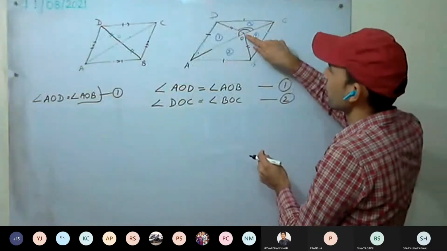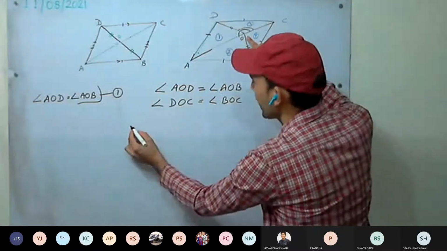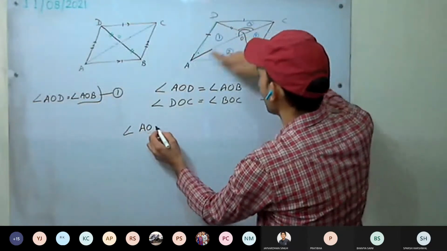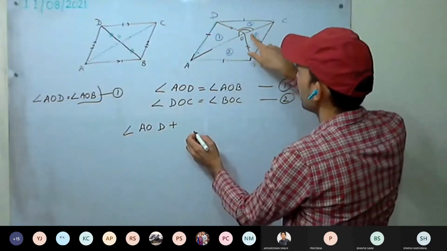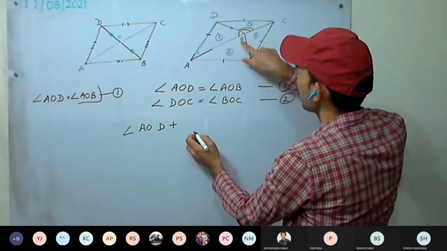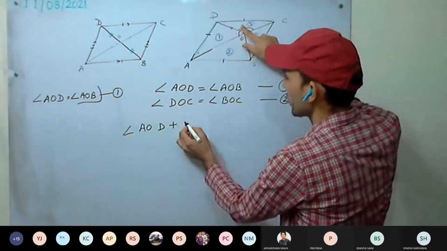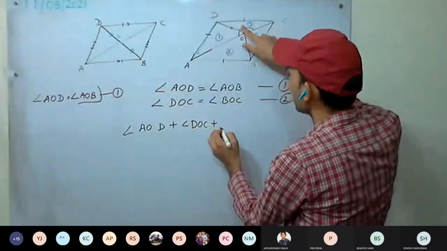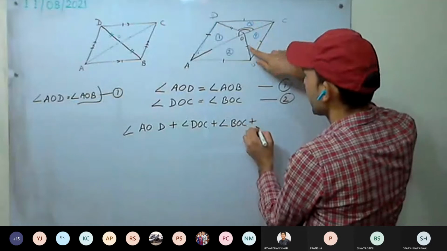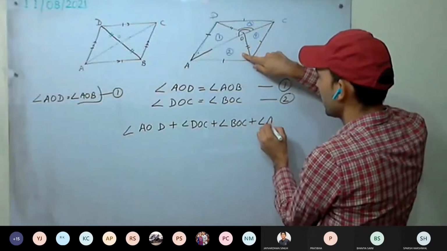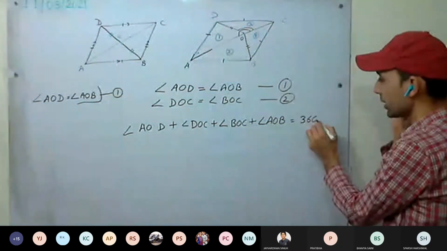Next, we can write the angles around a point O. It will be 360. So we can write: angle AOD plus angle DOC plus angle BOC plus angle AOB, and this will be 360 degrees.